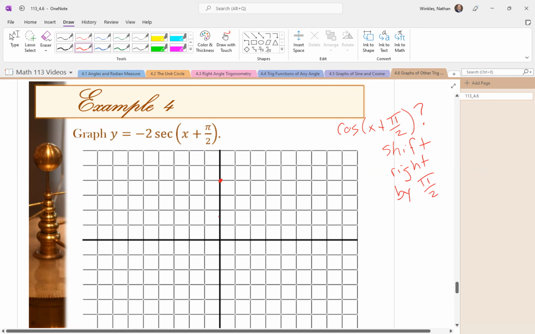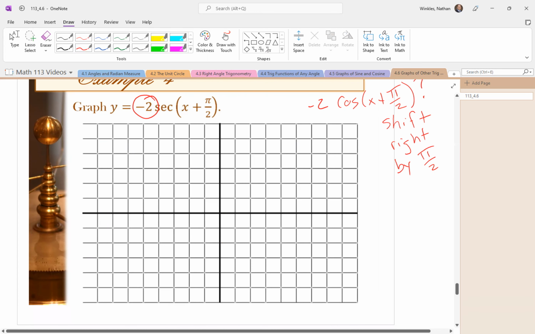So if we think about our normal graph of cosine, cosine of 0 is 1. In this case, because of this -2, we really want to do -2 cosine of x.